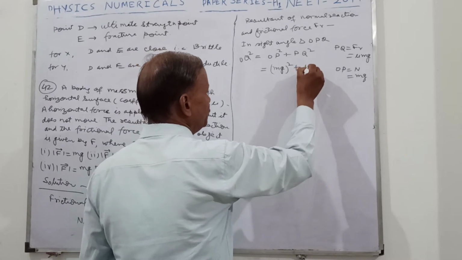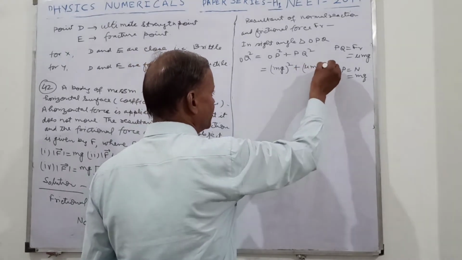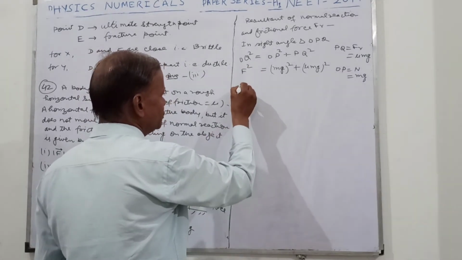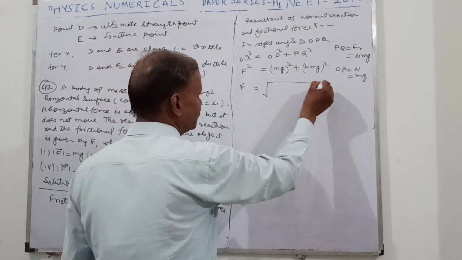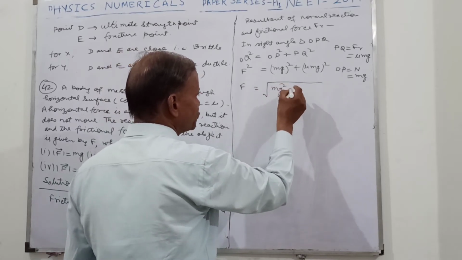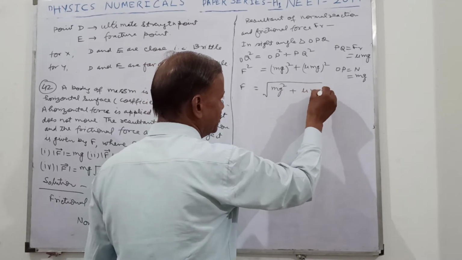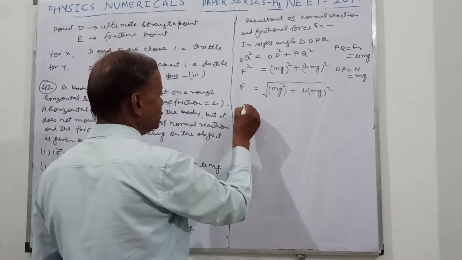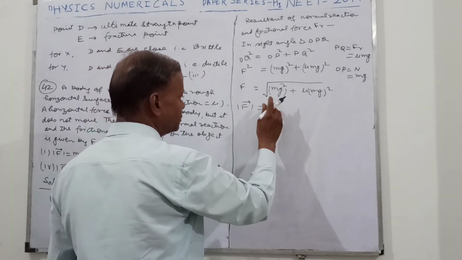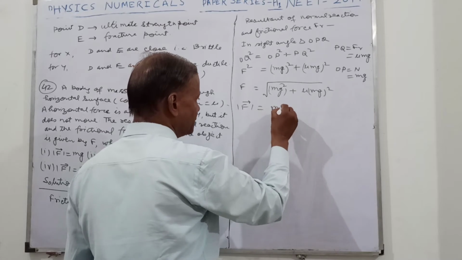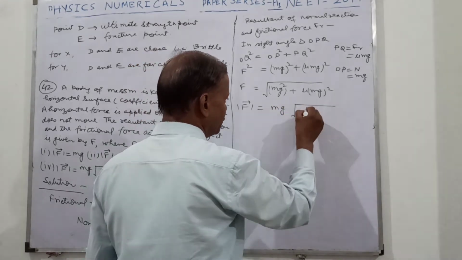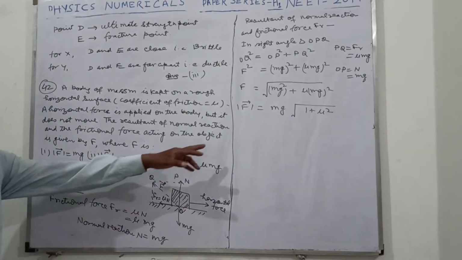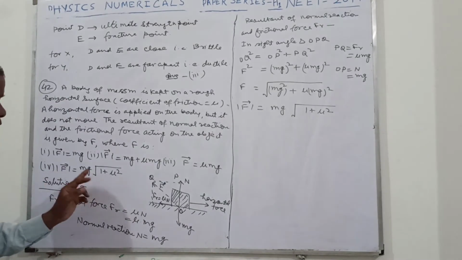So this is mu Mg whole square, and this is now your F square. So now F equal to square root of Mg square plus mu Mg square. Now you take the magnitude, then we will have Mg into square root of 1 plus mu square. So our right answer is 4th.